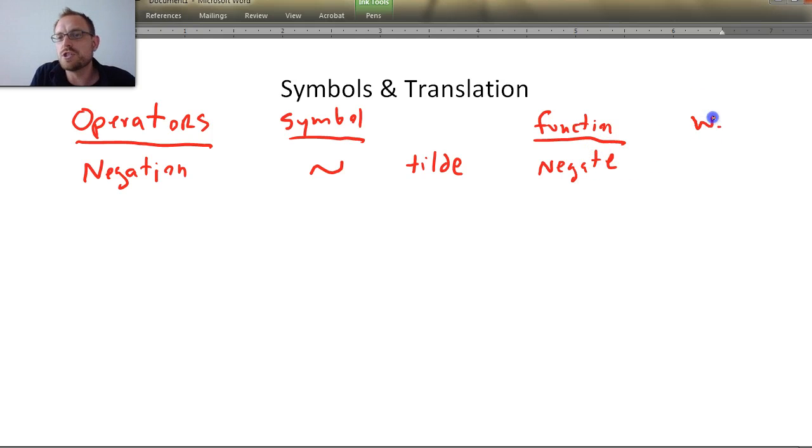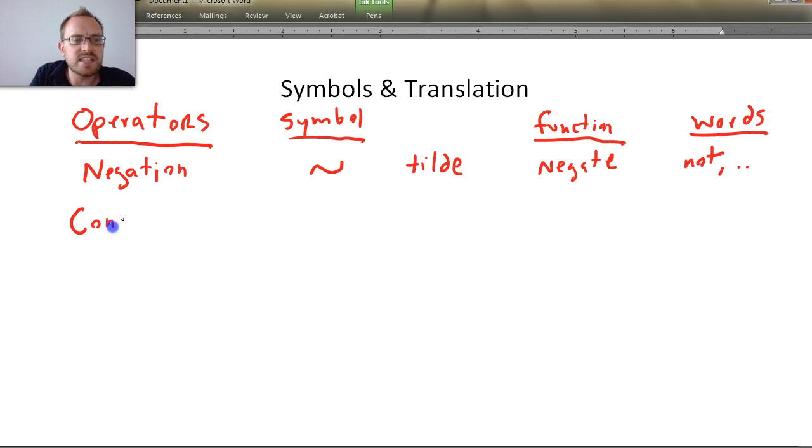And what are some of the words that get used? For instance, you could use the word not. Not is the typical one, or it is not the case that, etc. I'm going to show you examples of that in a minute. So the first one is negation. Let me just run through them here.